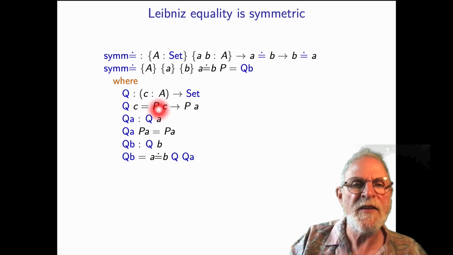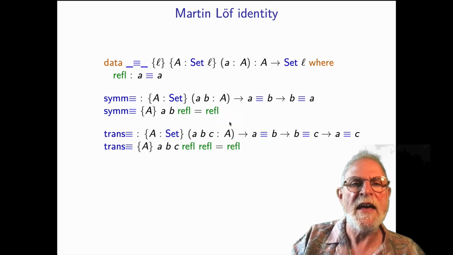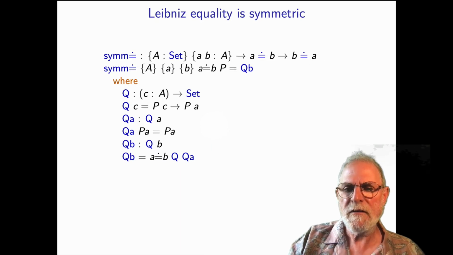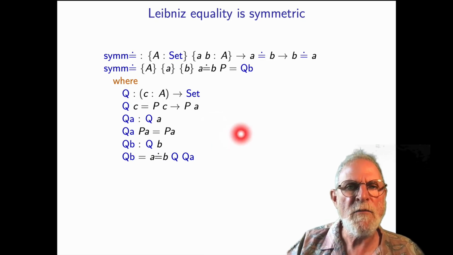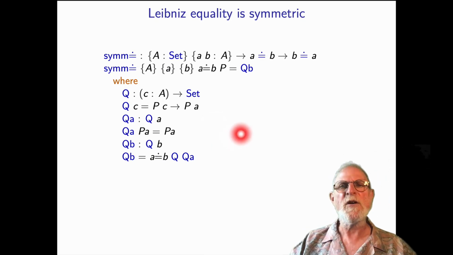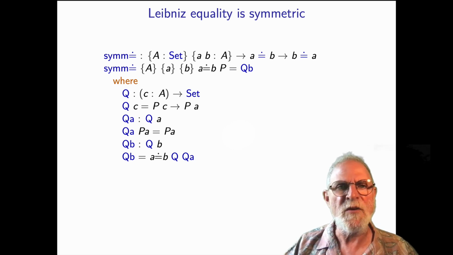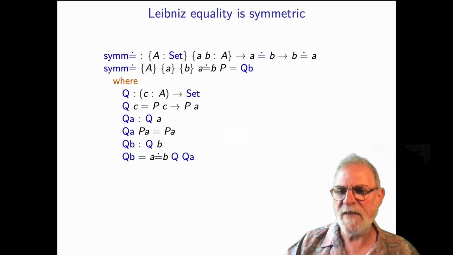But Q of B is just P of B implies P of A, which is exactly what we wanted to show. Therefore, Leibniz equality is also symmetric, one of my favorite proofs.